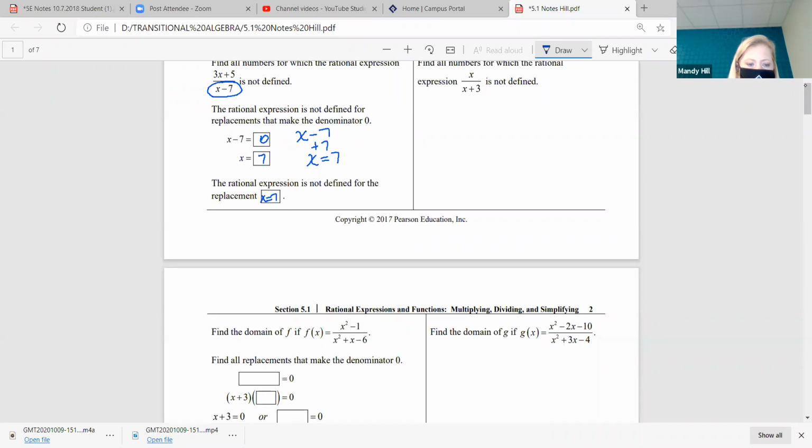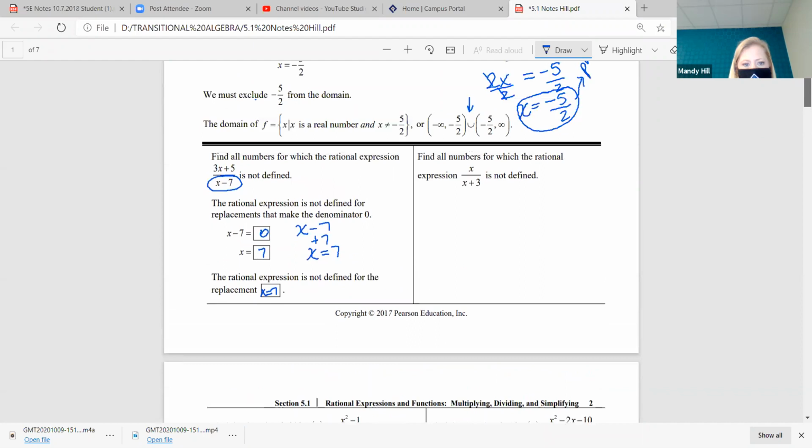Okay, remember they had a statement that was like the domain, this stuff right here, the domain of f.